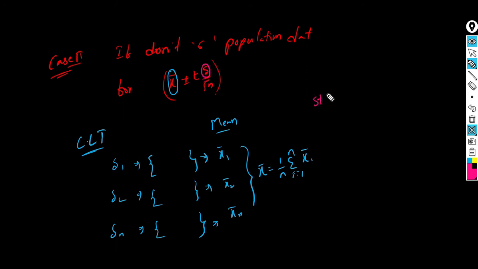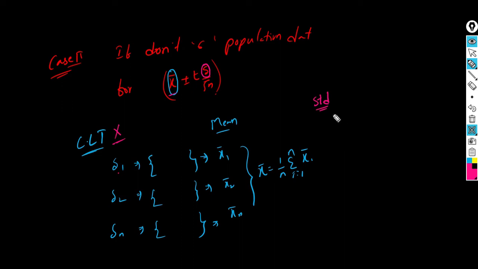For every subset, we are going to find the mean and standard deviation. This is subset 1 from the data set X and subset 2, and we will consider n number of subsets. For each subset, we have the means, and by taking the average of the means, we will get the mean for the central limit theorem.